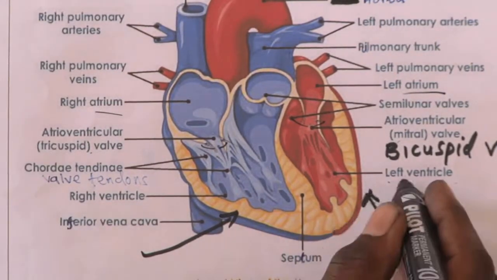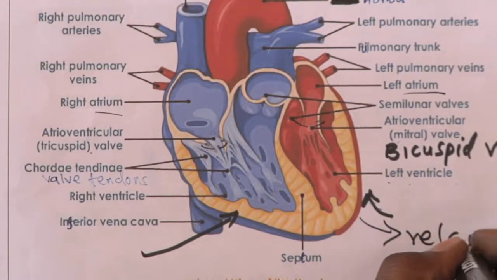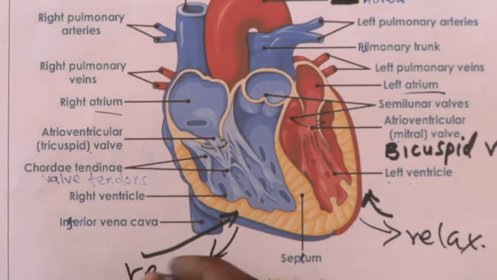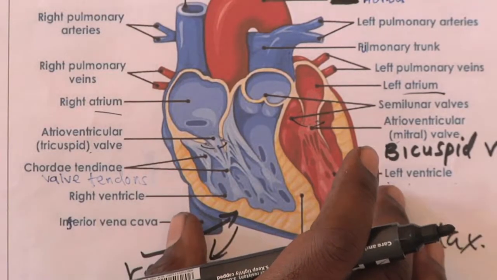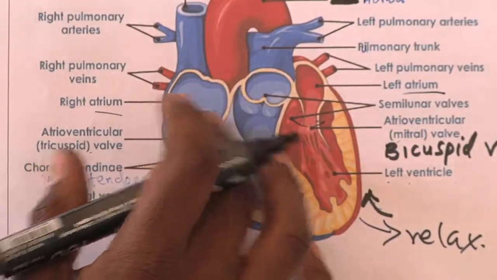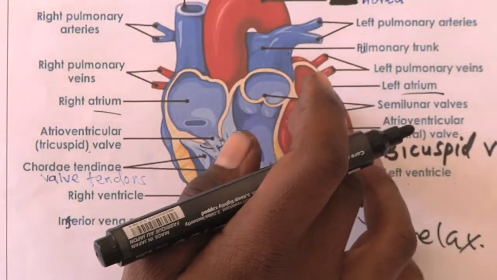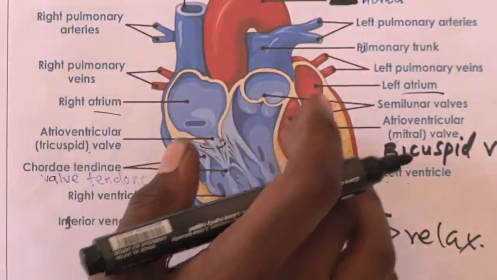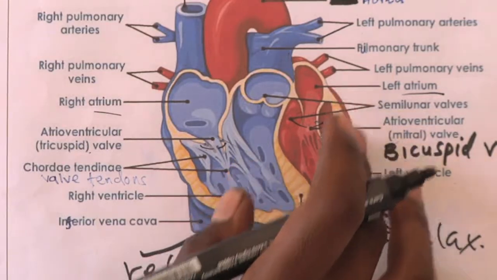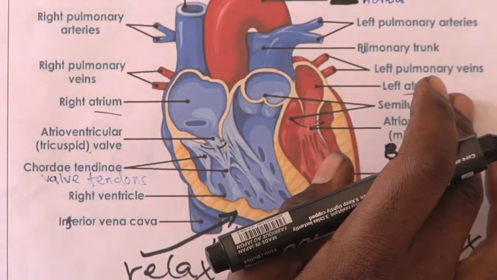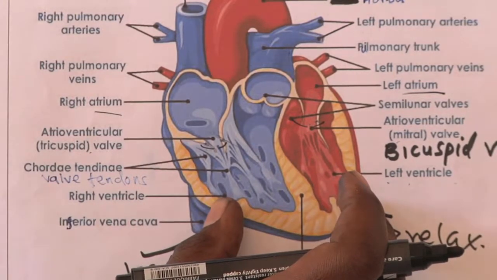Because when the ventricles relax, they are receiving blood from the contracting auricles. So when this auricle is contracting, it is pushing out the blood that was inside it, either oxygenated blood or deoxygenated blood, into the ventricles.